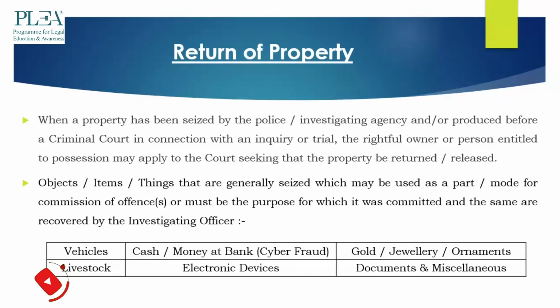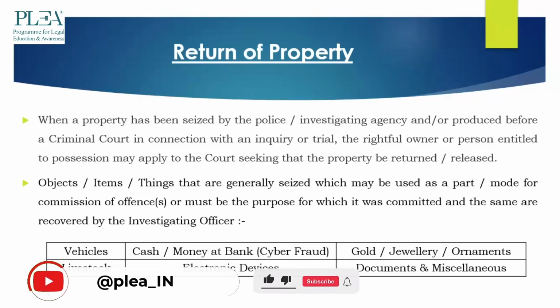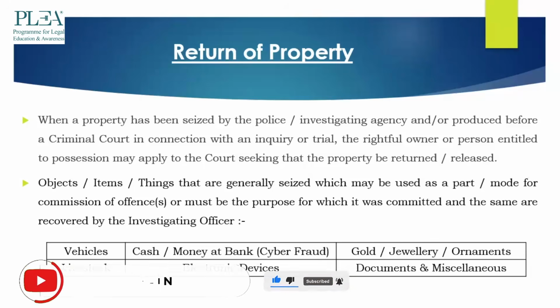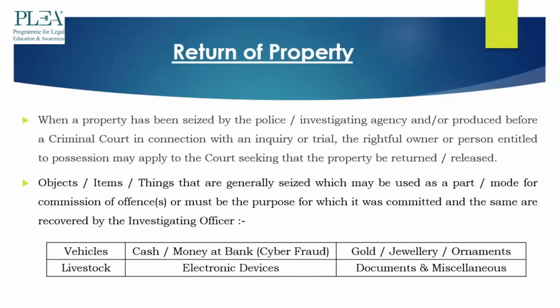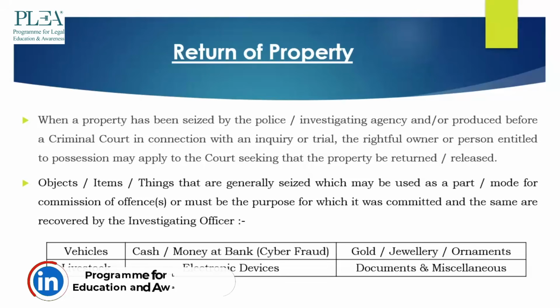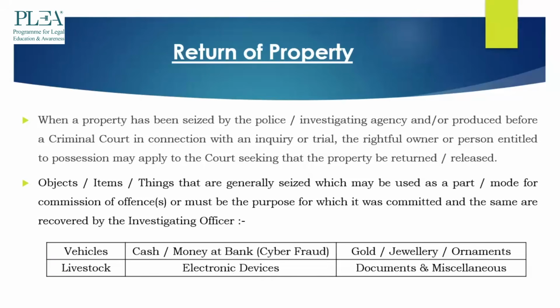So some of which I have listed out: vehicles, notes which are seized. Nowadays, there is a lot of increase in the monies in the bank account because of cyber frauds. There can be original ornaments, jewelry, gold bars, whatever valuable items, livestock, including animals.